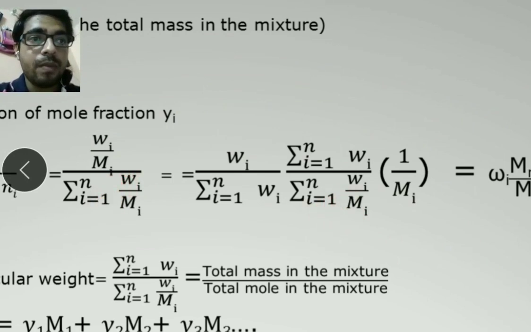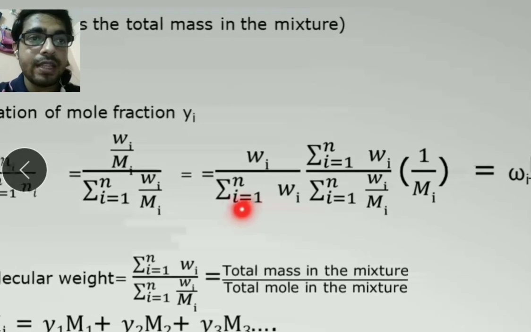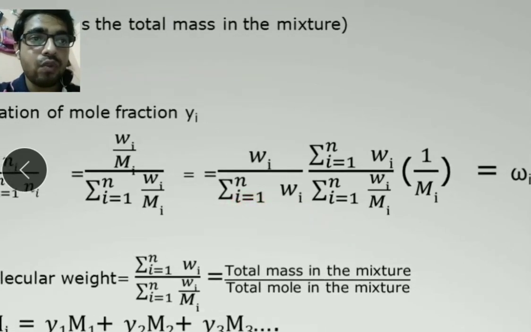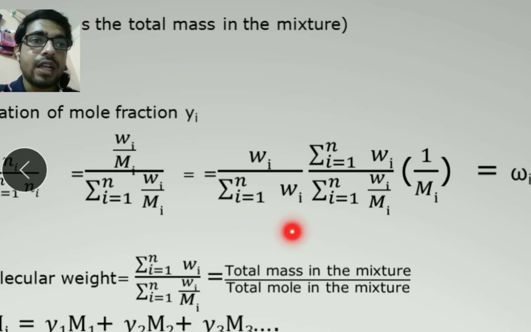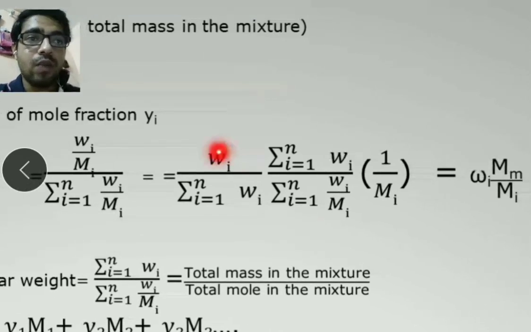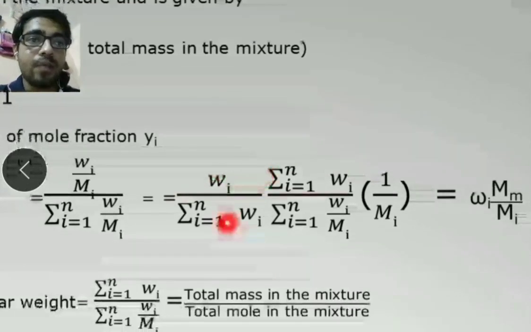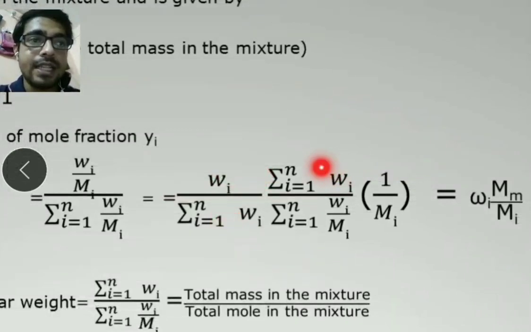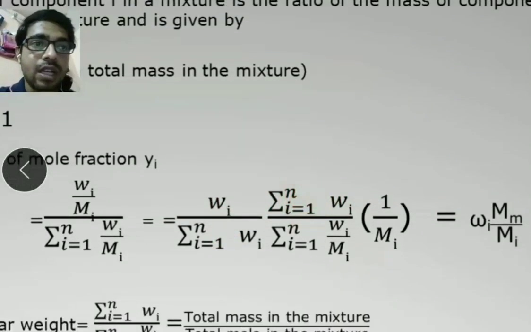Now what we have done is multiply by the summation of Wi, i equals 1 to n, in the numerator and denominator both. Now here Wi by the summation of Wi is the mass fraction, and this other thing is new. Just see it, the summation of Wi by the summation of Wi by Mi.